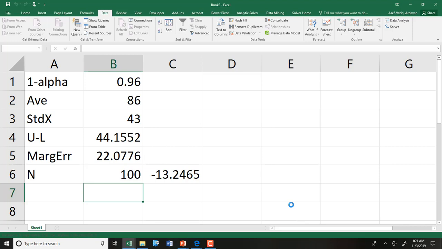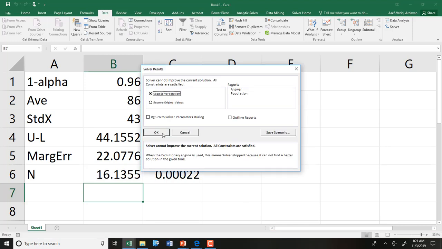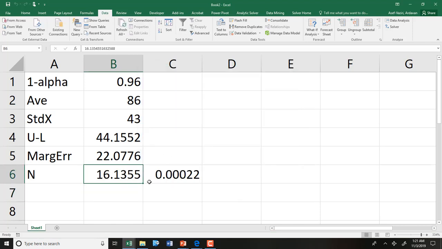It's not a very fast algorithm. Compared to this one, the second approach is better and easier, but I just want you to know this one too, that you can always use solver algorithms. Okay, it found a solution for us, which is close to the solution that we are looking for. Both 16 and 17 take us to the result that we want.